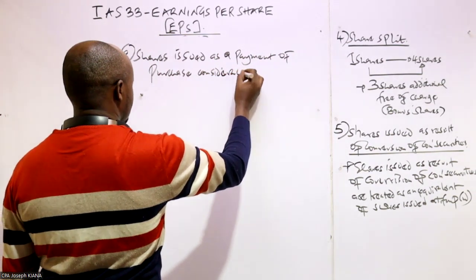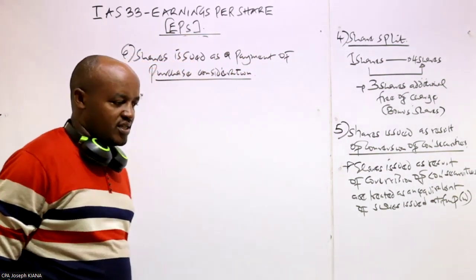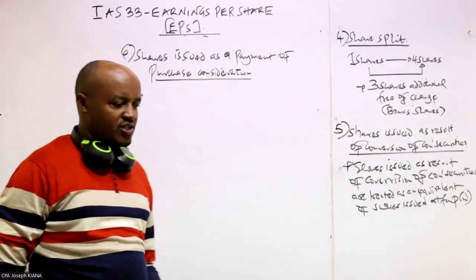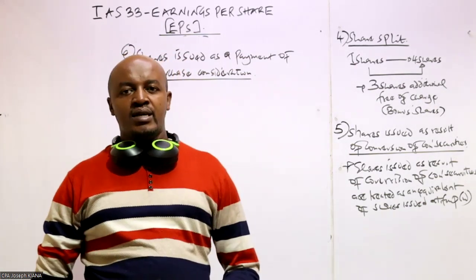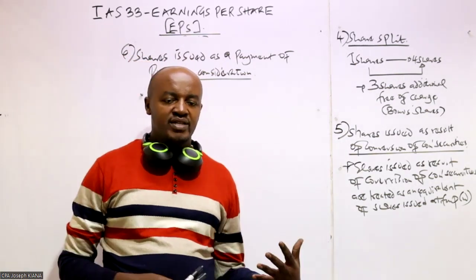So when we talk about the shares issued as a payment of purchase consideration, this is whereby the parent company will issue some ordinary shares to pay a purchase consideration.